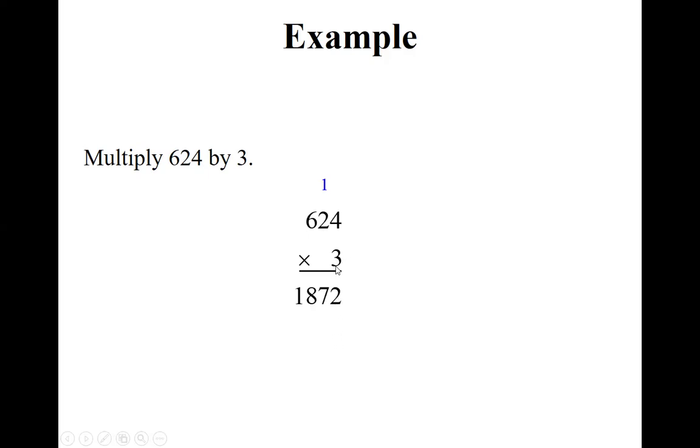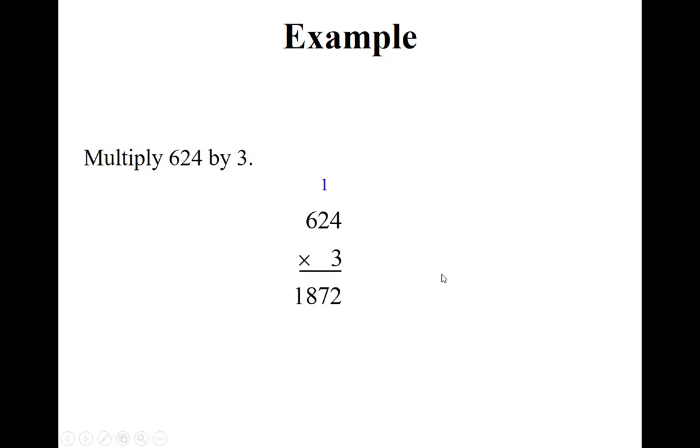Now we'll do the 3 by the second digit. 3 times 2 is 6, but we had this extra 1, so let's just add it on and get 7. Then 3 times 6 is 18. Technically, we just carry the 1, but there's no other digit there, so we can just put the 1 down. 1,872.